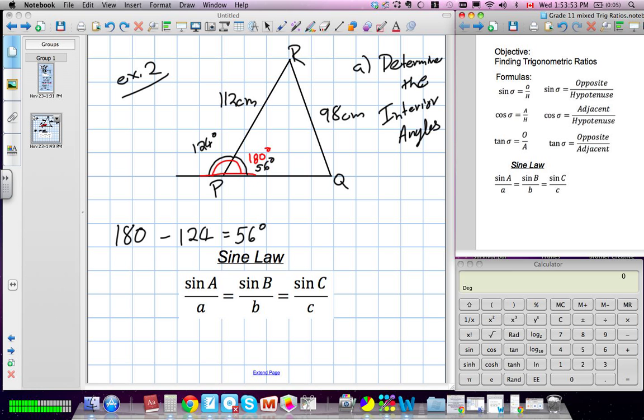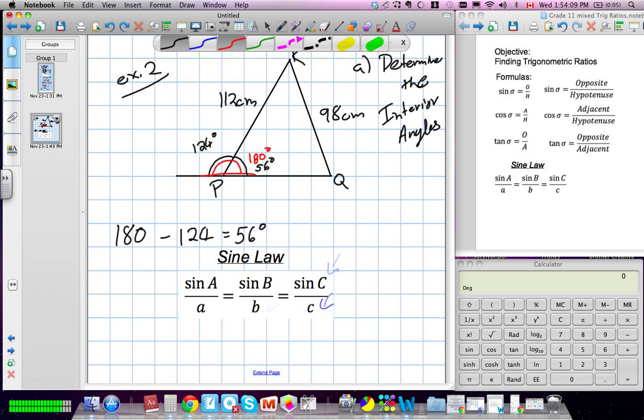I'm going to call this my angle A, and this will be my side A. Angle B, side B, and angle C, and side C. You can name whatever angle A, B, or C.